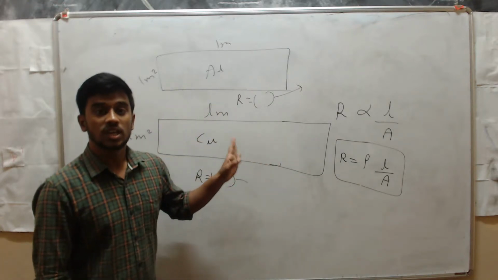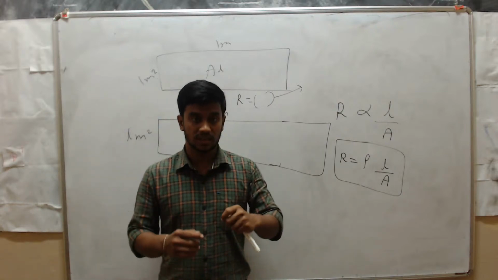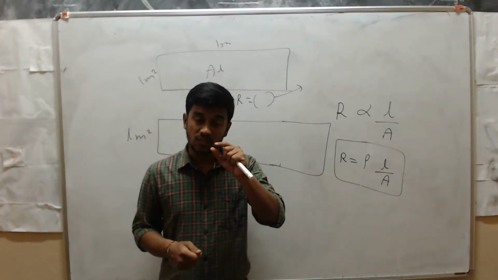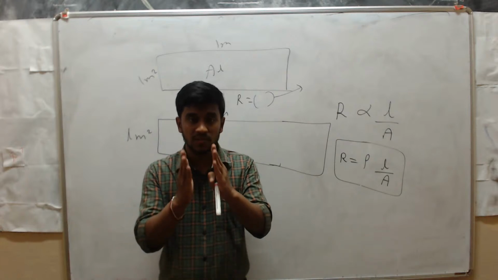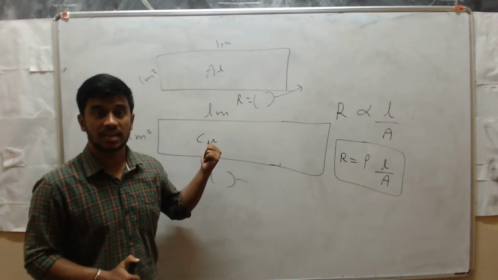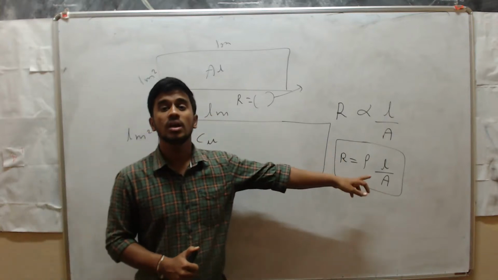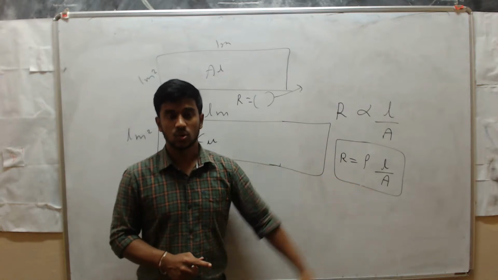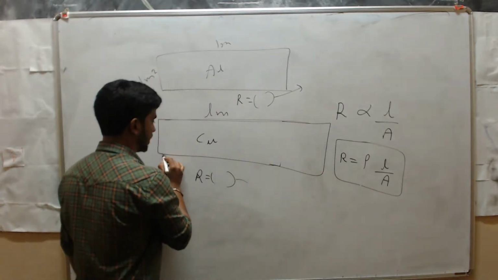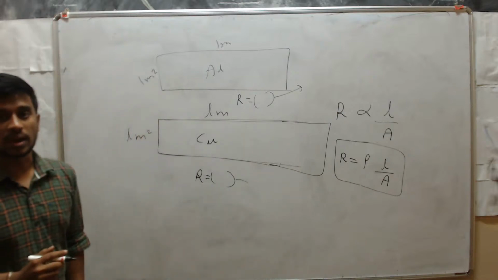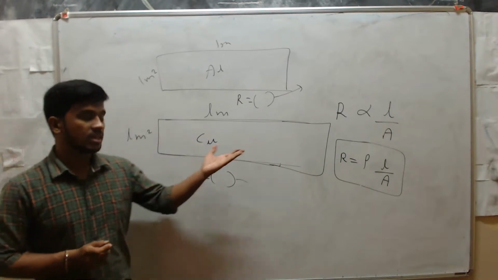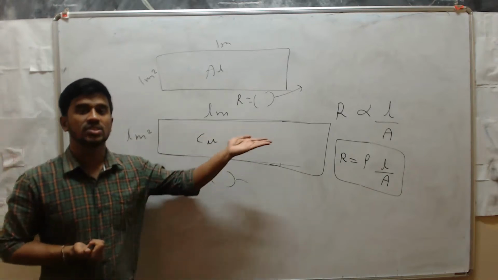Here also, if you take 1 meter length or 2 meter or 10 meter length of the conductor, some specific resistance exists in that conductor, and that specific resistance is called resistivity. So to calculate resistivity, first we consider length of that conductor as 1 meter and area as 1 meter square. At that time you will calculate that resistance, and that resistance is called resistivity.